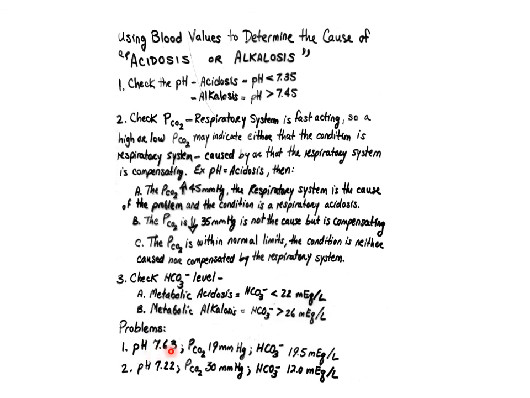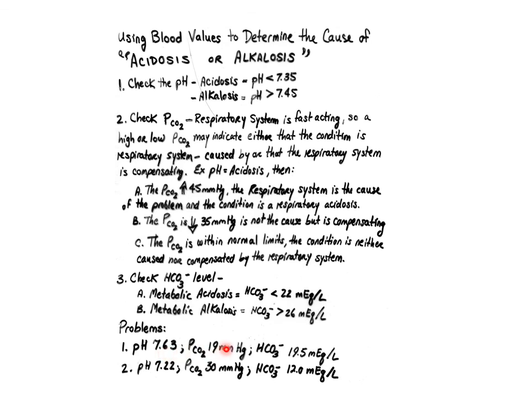The pH is 7.63. So my problem is alkalosis, and you look to see what system is causing your problem. My CO2 is 19 millimeters of mercury, and 19 is low, and low would be alkalosis, so that could be causing the problem.